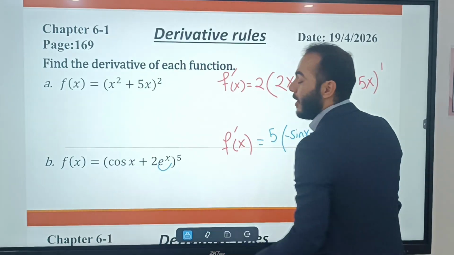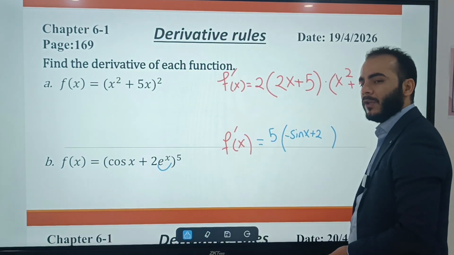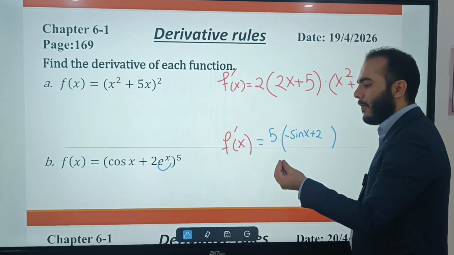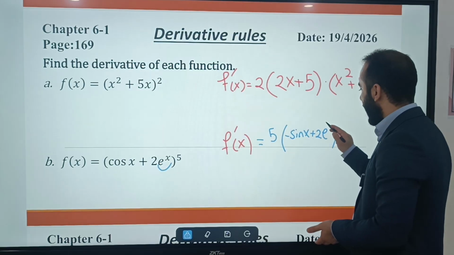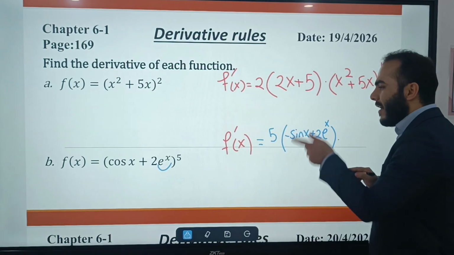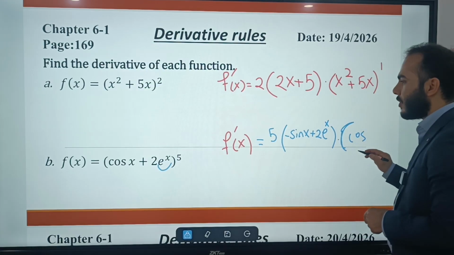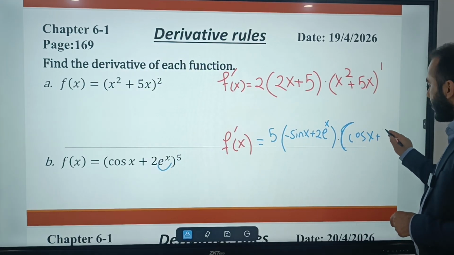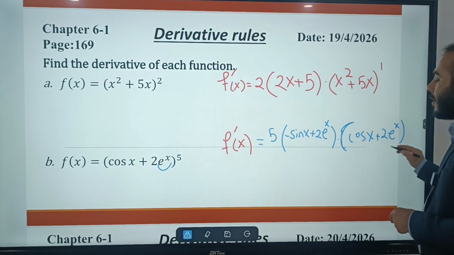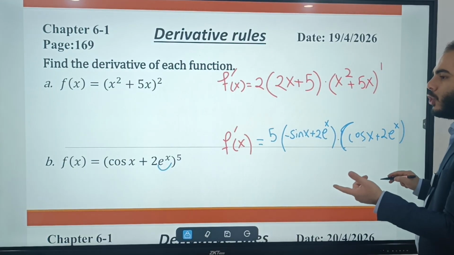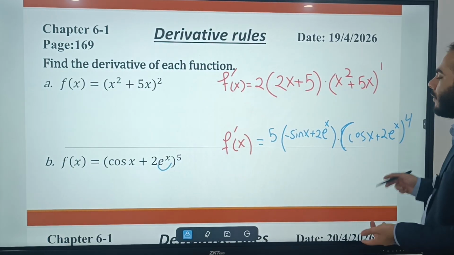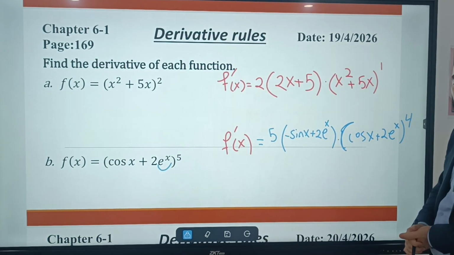Derivative of e to the x, e powered by x, right before some minutes we said it. Derivative of e powered by x is itself, so e powered by x times that bracket that we have, which is cosine x plus 2e powered by x, powered by 1 less than 5. So 1 less than 5 is equal to what? 4. That's all about it.